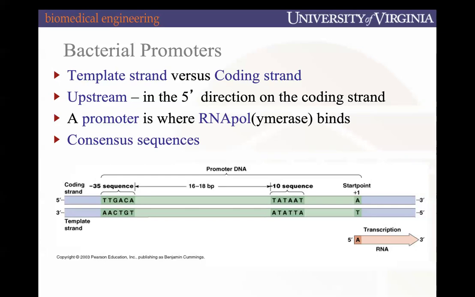What we can now say is that we can take a step back and think more broadly of consensus sequences as being these conserved and known sequences of DNA that provide a signal to elicit some process. And so in the case of transcription, there are regions of the promoter that are well characterized where we know these conserved sequences.